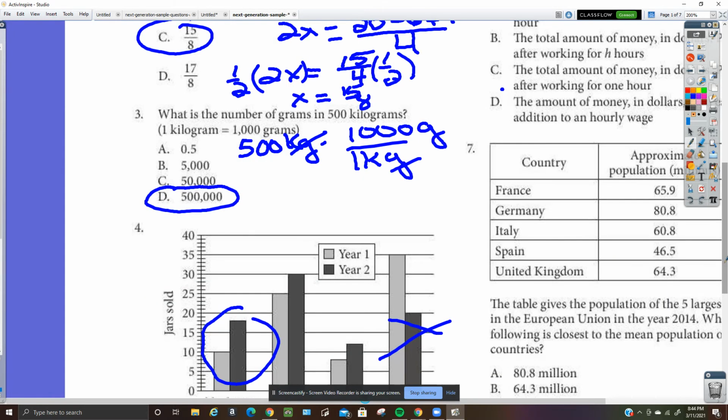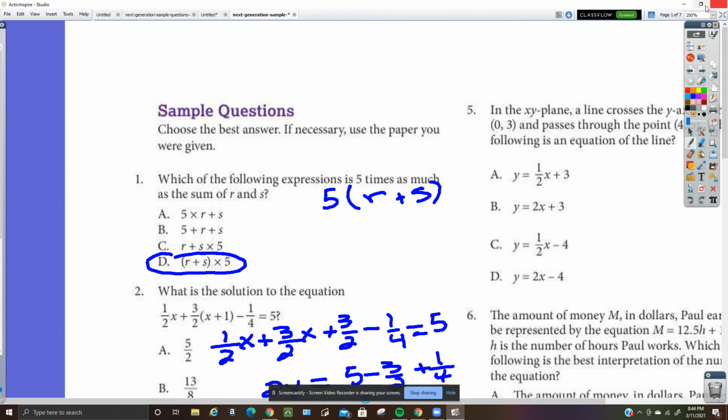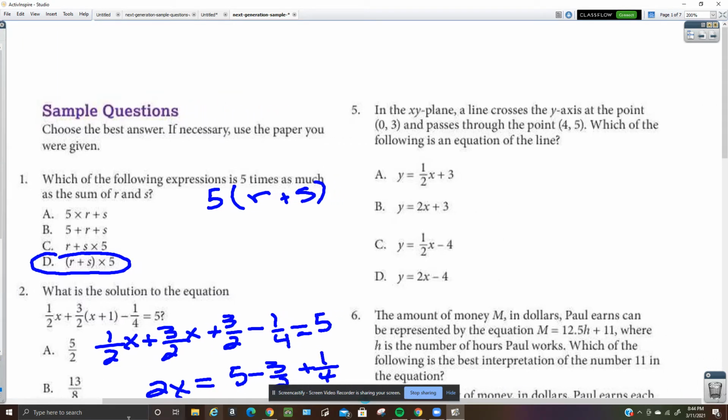And then right here, let's scroll over. A line crosses the y-axis at 3 and passes through the point (4, 5). So we already know every equation is in this form, and we know what b is already. It's 3.